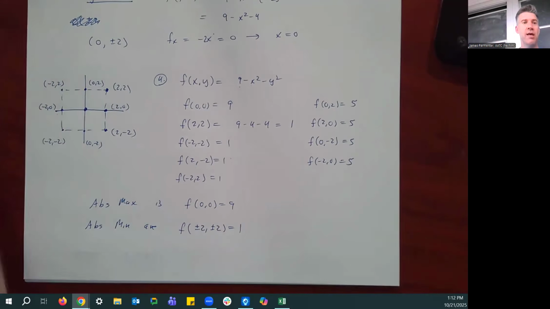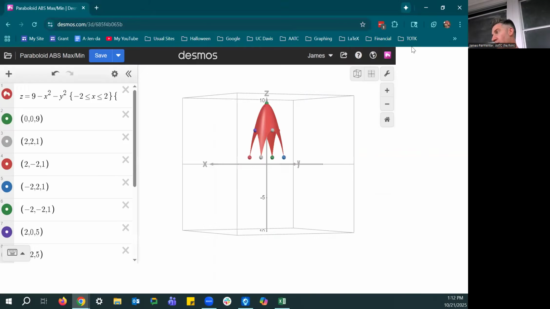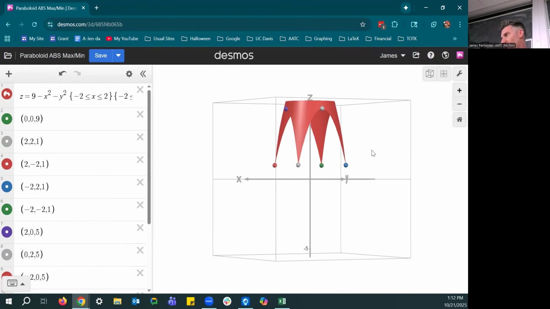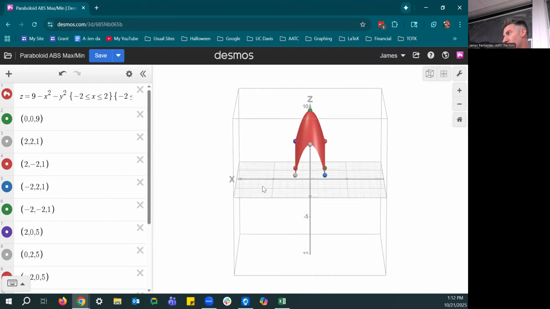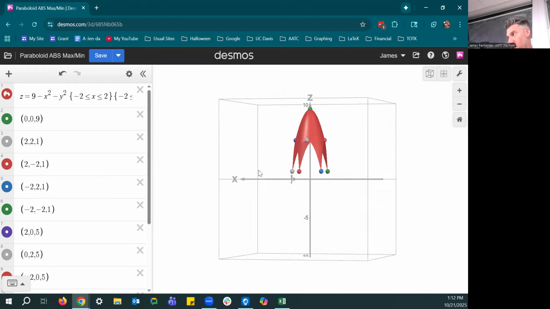So here is this downward opening paraboloid restricted to the 2 by 2 square. Let me zoom in a little bit. If you look here, you can see the absolute minima are all those lowest points on the bottom there, just hanging out.